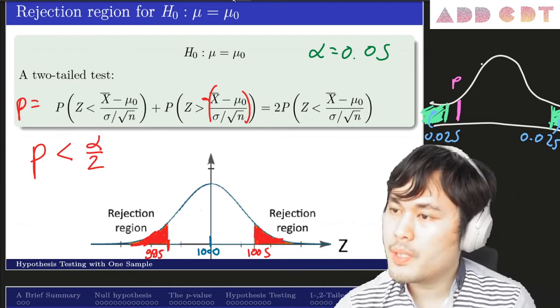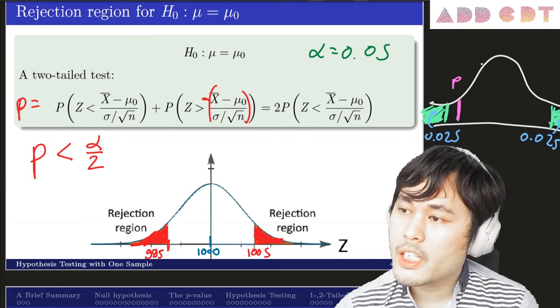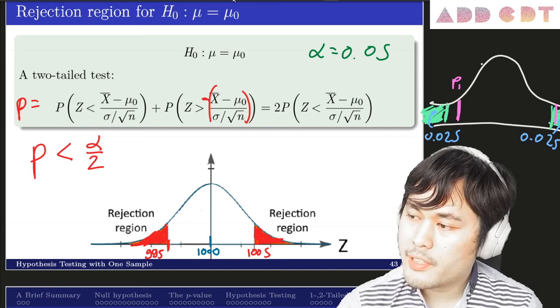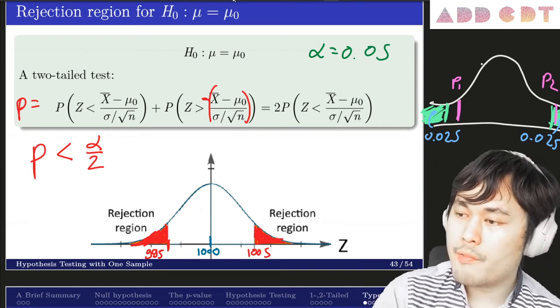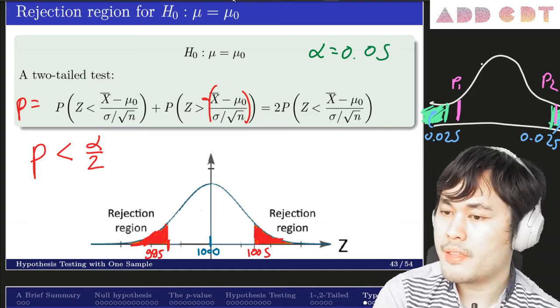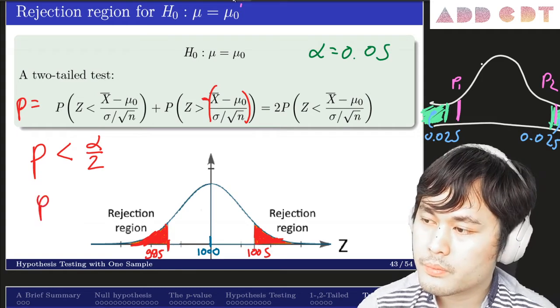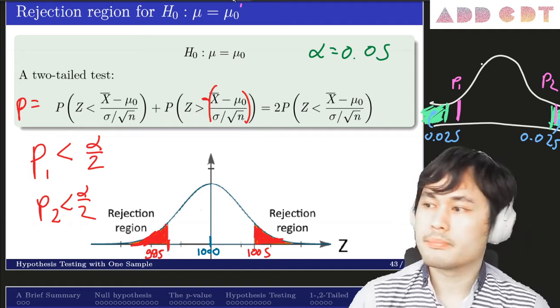And also, if you repeat the experiment, let's say that's P1, and maybe at a different time you get P2 to the left. And again, you actually compare that P. You want that area to be less than alpha over 2 also.